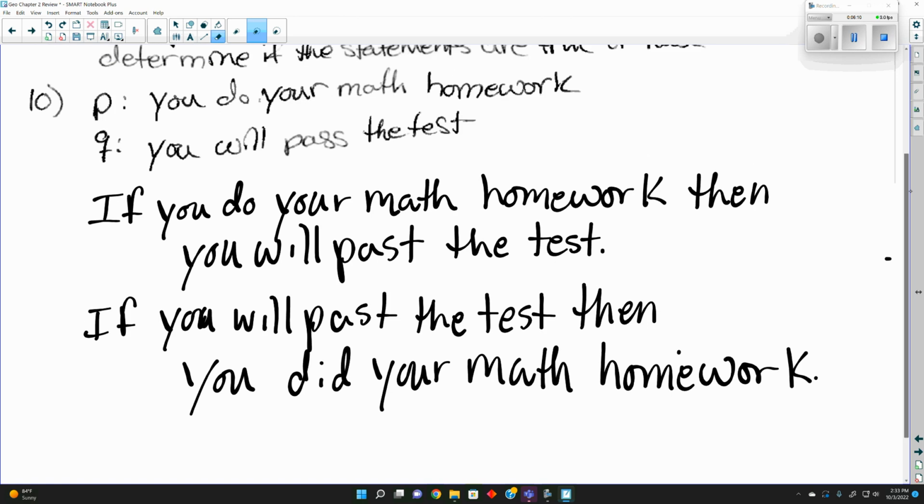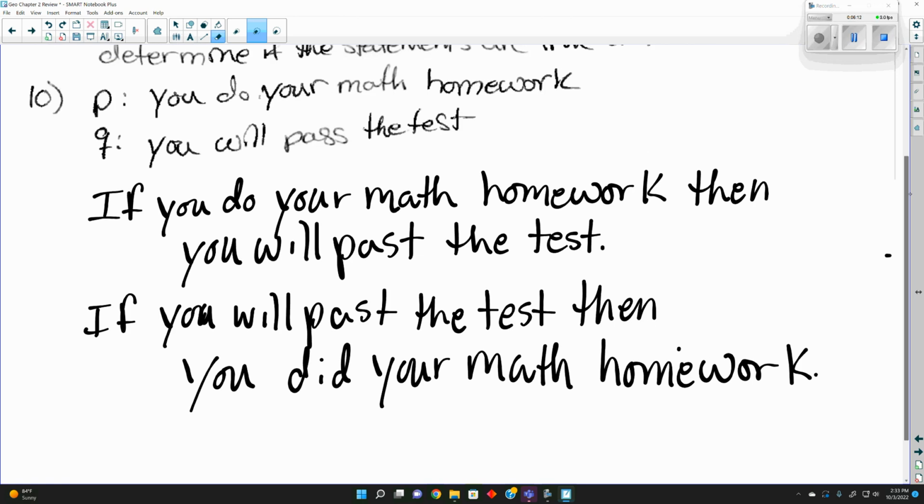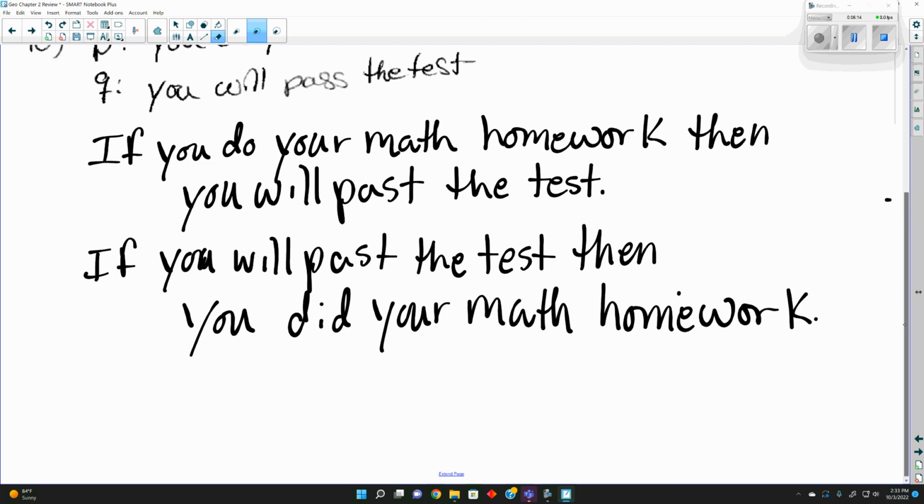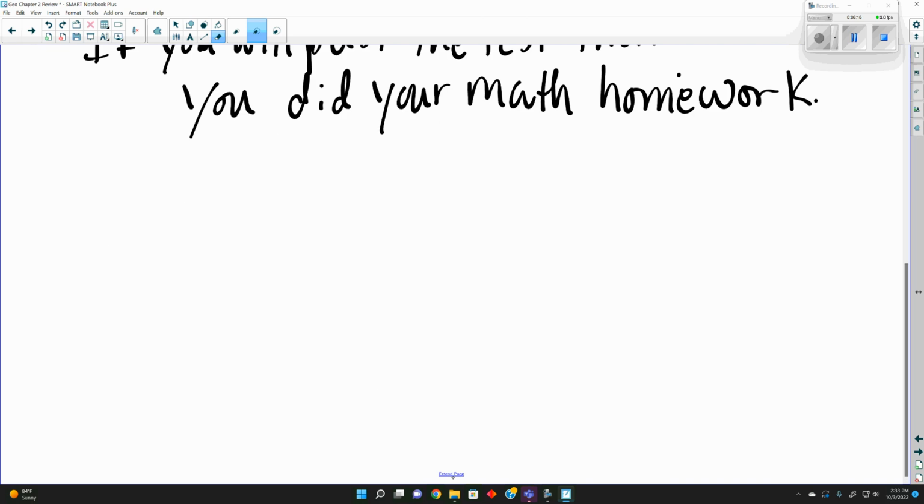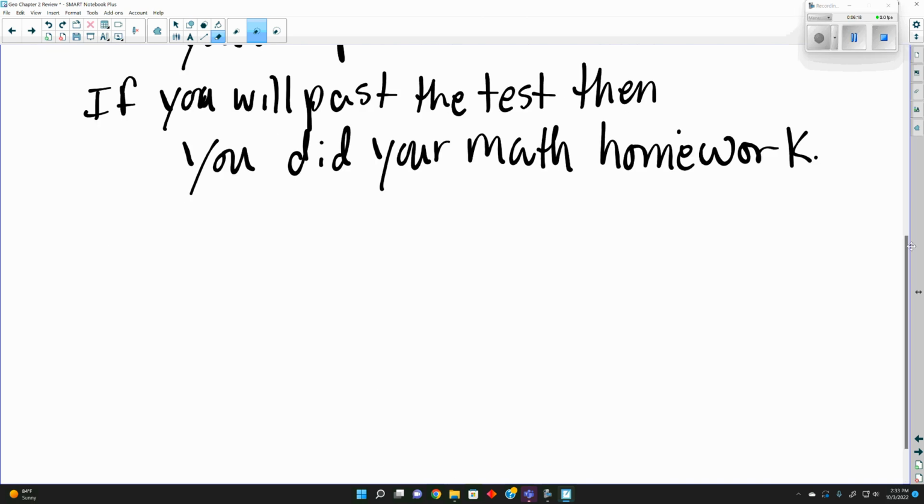If you want to rewrite it so that it grammatically sounds better, that's fine. But I'm not counting off on grammar. We're really just rewriting these.